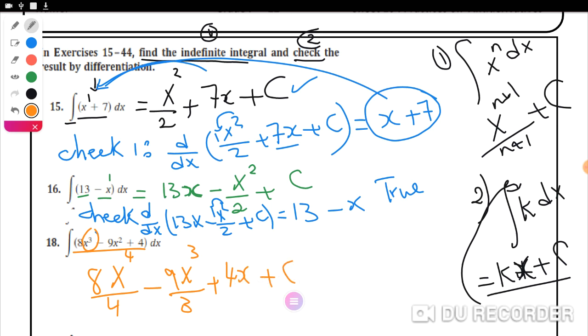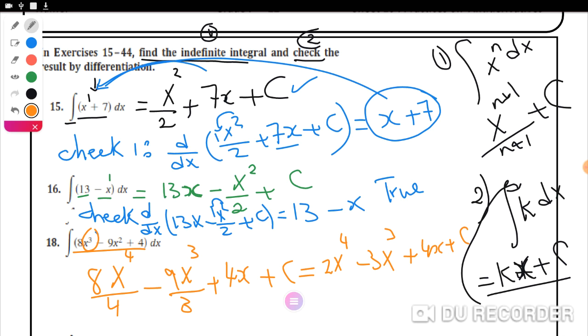I prefer to simplify the result even if not asked. It will be 8 divided by 4, which is 2x to power 4, minus 3x to power 3, plus 4x plus c.